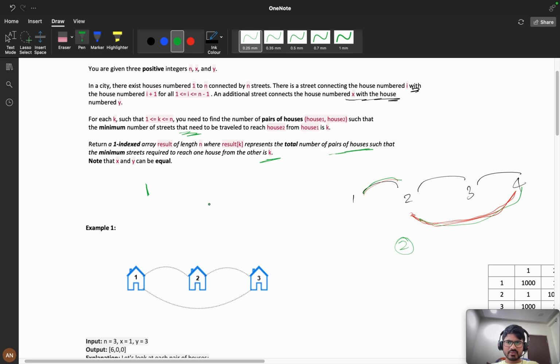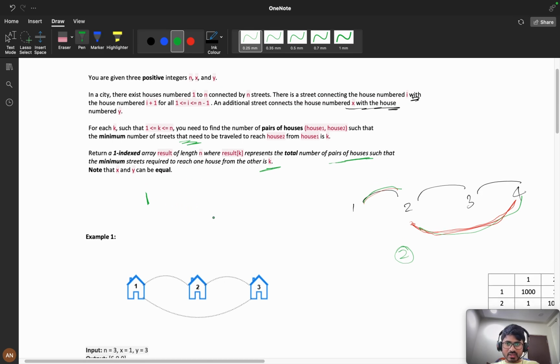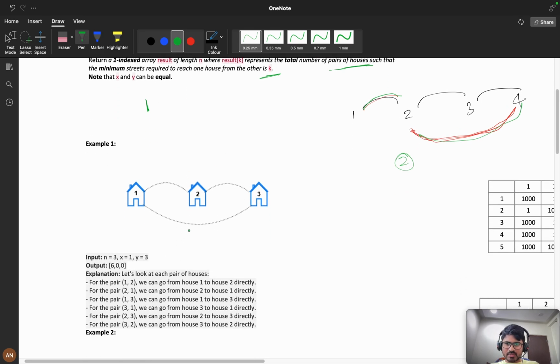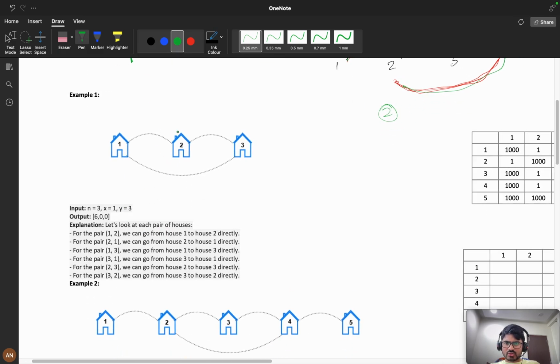Suppose in this example we have 1, 2, 3, and 1 and 3 are connected with this edge. I need to return the array of size n. For distance one: 1 to 2, 2 to 3, 1 to 3, and the reverses, so in total there are 6.